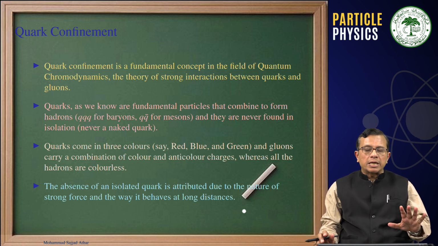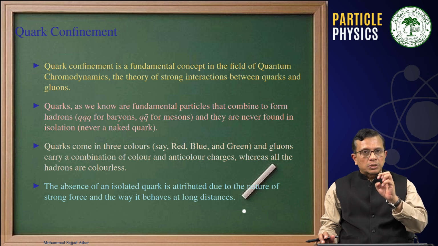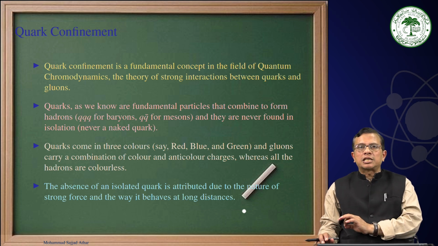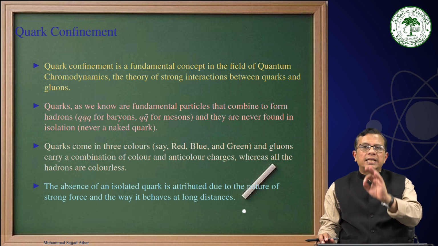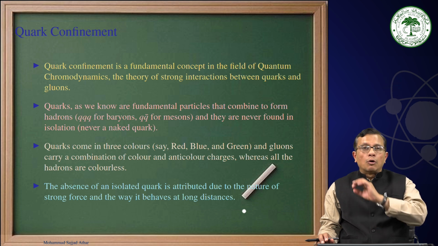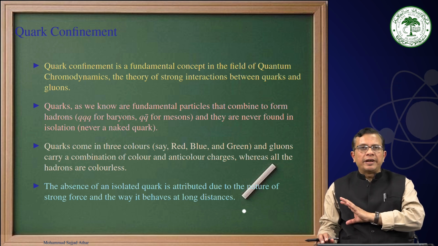Quarks come in 3 colors. Now, these colors were introduced to save Pauli's exclusion principle, and then we had experimental evidence that these quarks carry an intrinsic quantum number which we call color, while these colors have nothing to do with the everyday color.